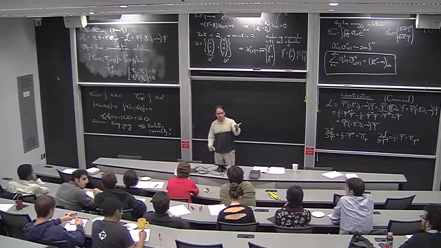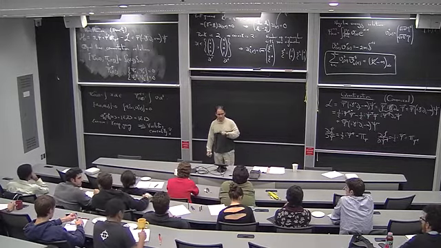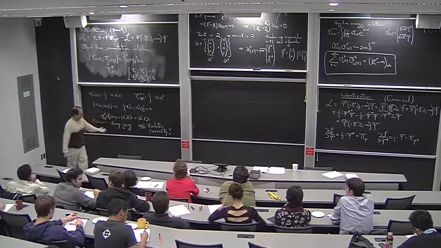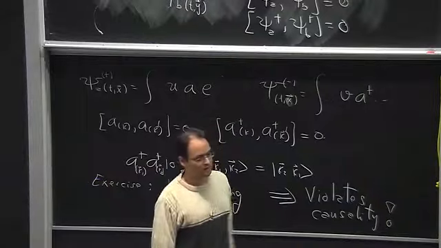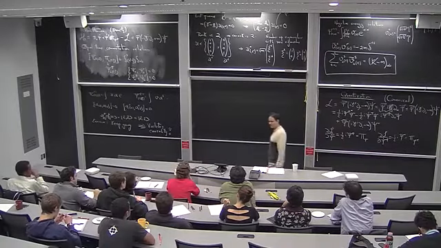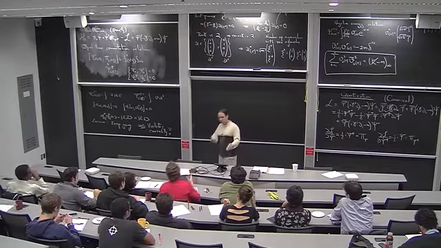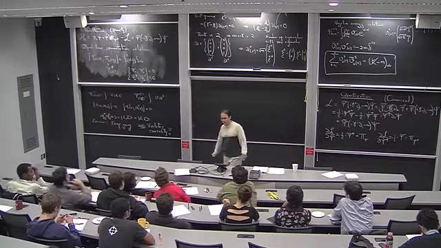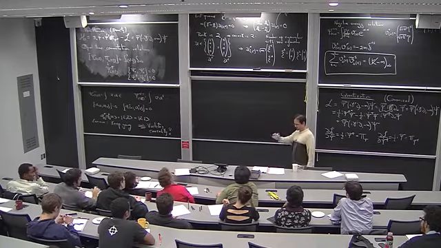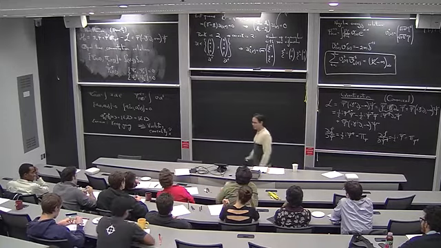That was something we had to check. So I'm telling you that if you keep going with this theory, you will find that it's impossible. You will violate causality. Okay? Can you give a rough argument of why this is the case? That's your exercise. Just sit down and do it. You will gain much more from doing it than from me telling you what it is. You will probably forget it next week. If you do it yourself, you will probably remember it for much longer.